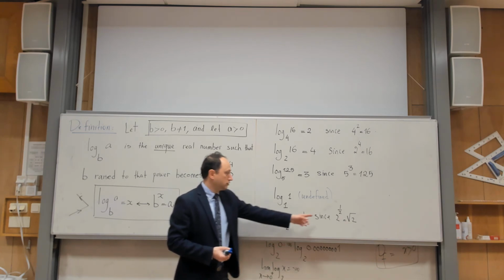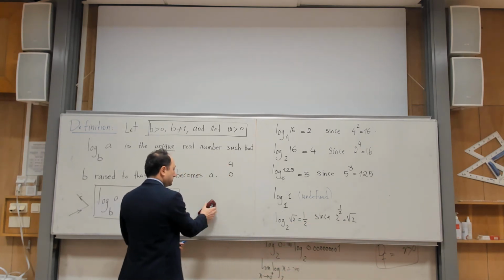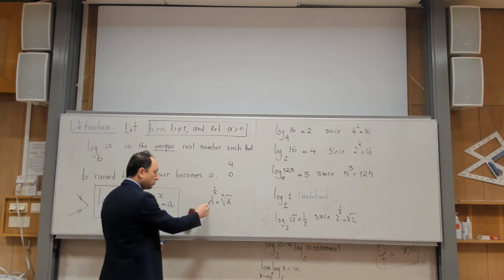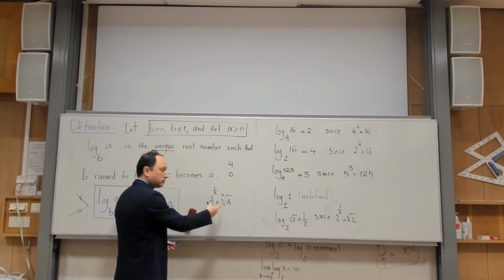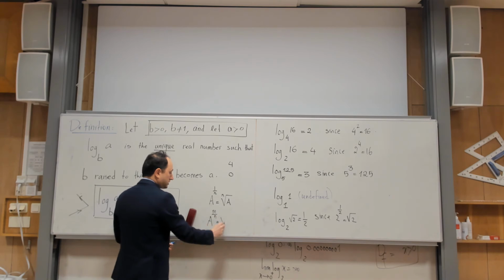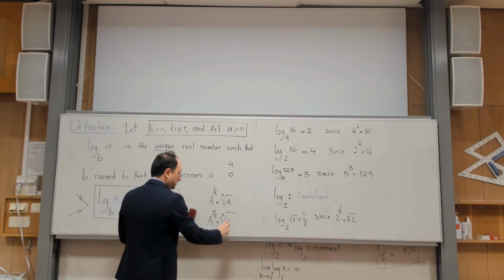The reason is that, do you remember, that was a famous formula I told you before. If you have a to power 1 over n, you can write it as the nth root of a. By the way, these formulas are very, very important when it comes to logarithm. Please memorize them. So if this goes here, this goes here.